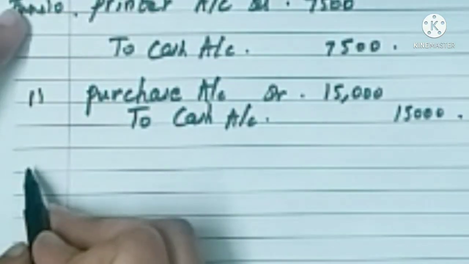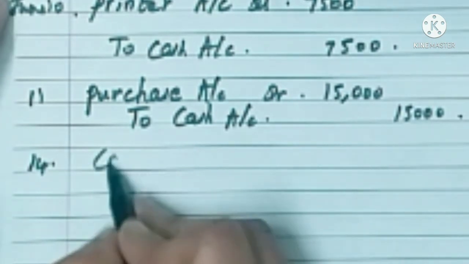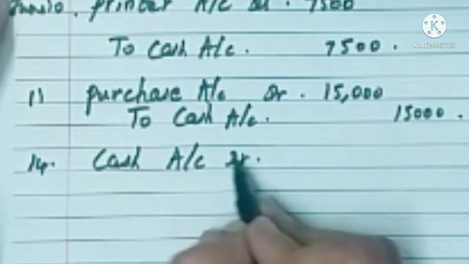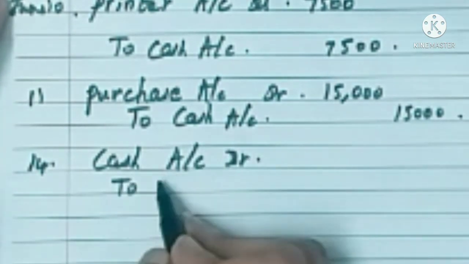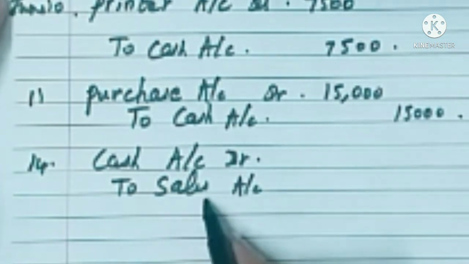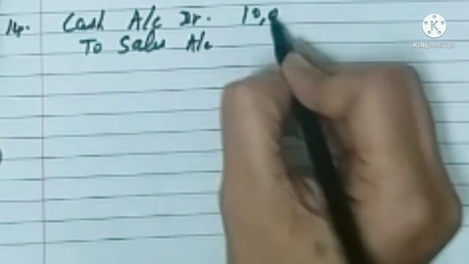Date of the transaction is 14th June. When we make sales, cash is coming in. So cash account debtor to sales account because sale is an income. Amount is rupees 10,000.